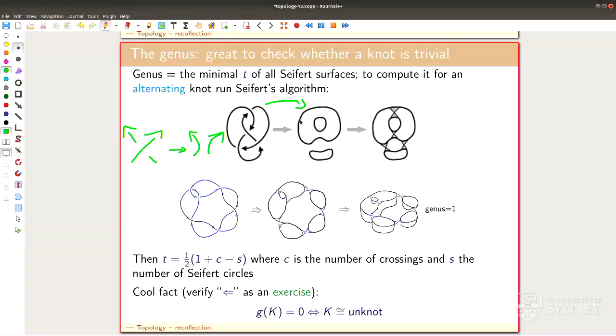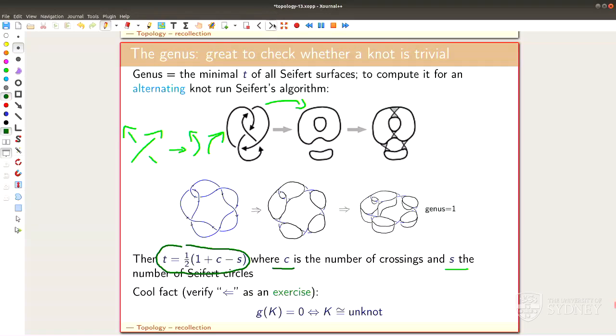And you simply count the number of circles in that diagram. That's the number of Seifert circles S, and the number of crossings C was given before, and you can compute the genus, which is just the number of handles of the Seifert surface, to be this simple number. It's a really simple calculation. Just do it on the diagram.